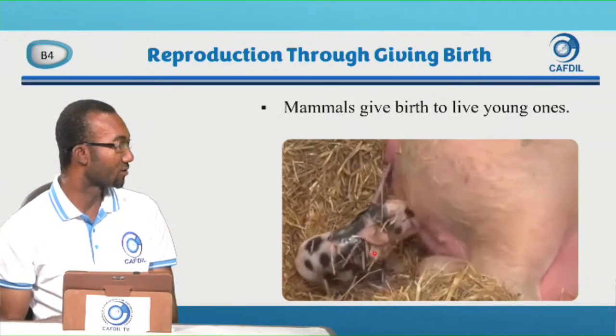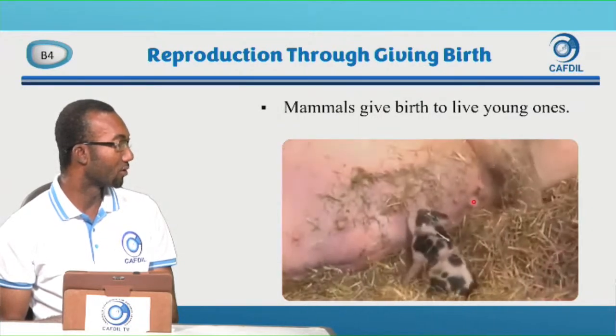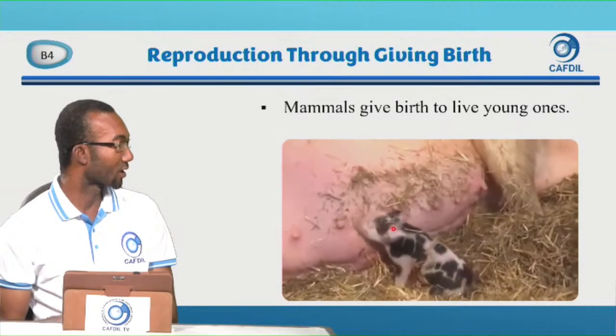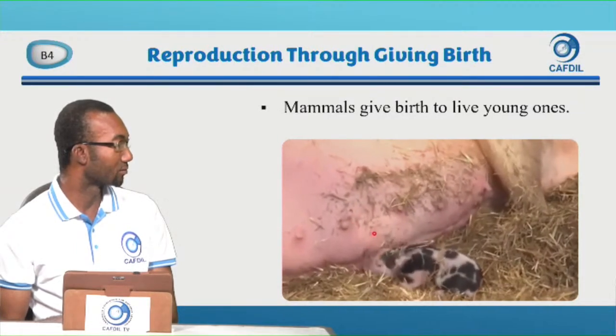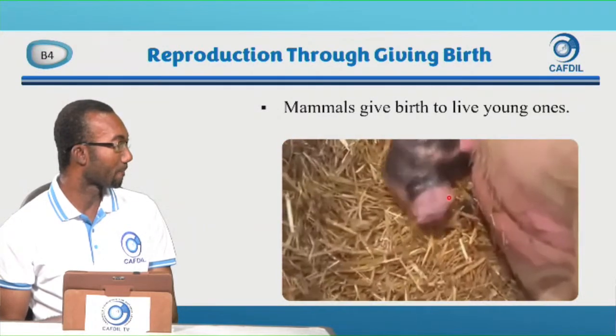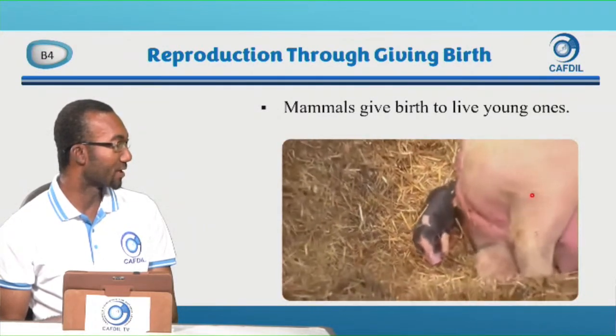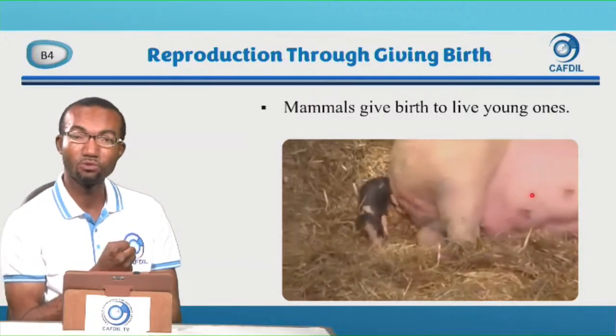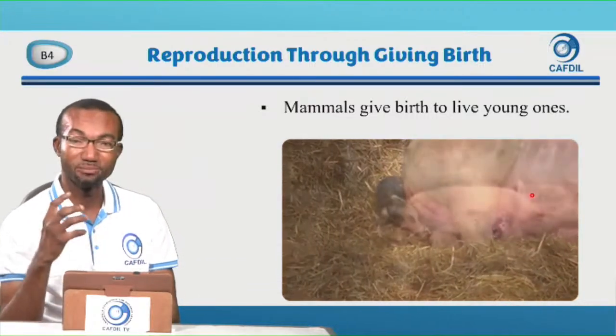And what is this piglet looking for? Looking for the udder to suck. They want some milk to suck. Another one is coming. So this pig is giving birth. So when you come from your mother's womb, that is what we call giving birth.